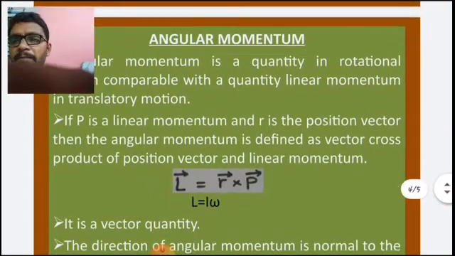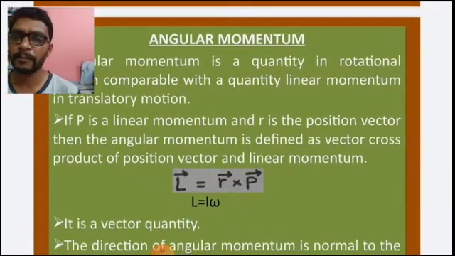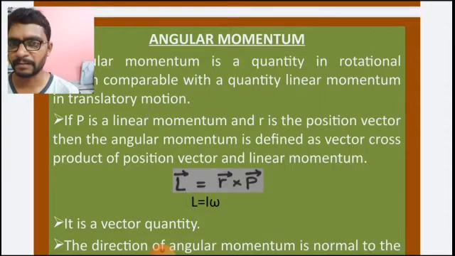For example, if p is the linear momentum and r is the position vector, then the angular momentum is defined as the vector cross product of the position vector and linear momentum, where L bar is equal to r bar cross p bar.